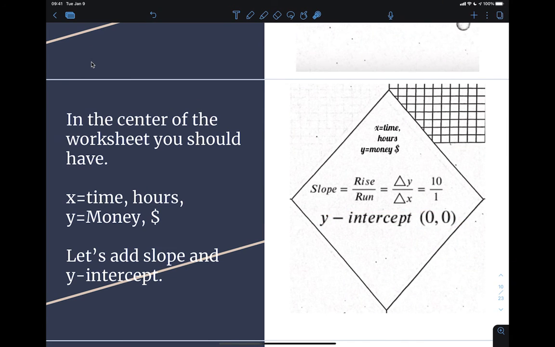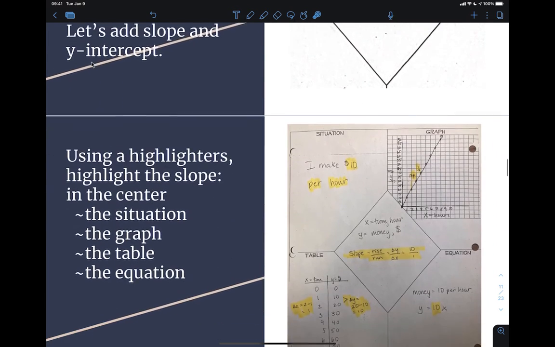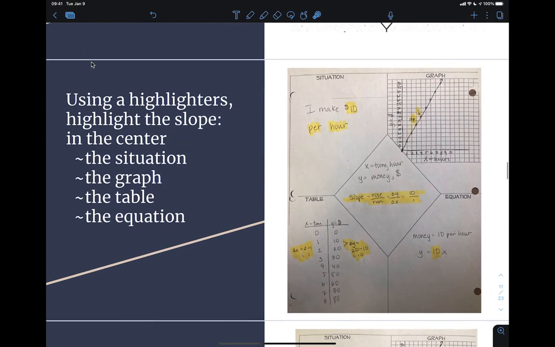All right. Y-intercept should be reviewed, but in case, we'll go over it as well. So the first thing we're going to do is highlight where we see the slope. So I highlighted the slope inside my key. That yellow highlight that I used is going to represent the slope in the situation, the graph, the table, and the equation.